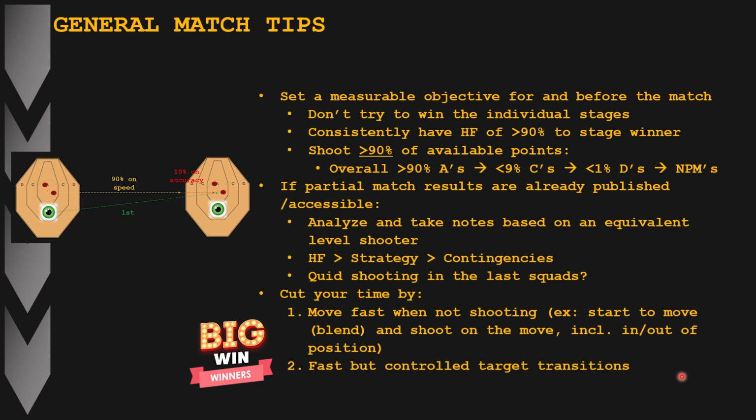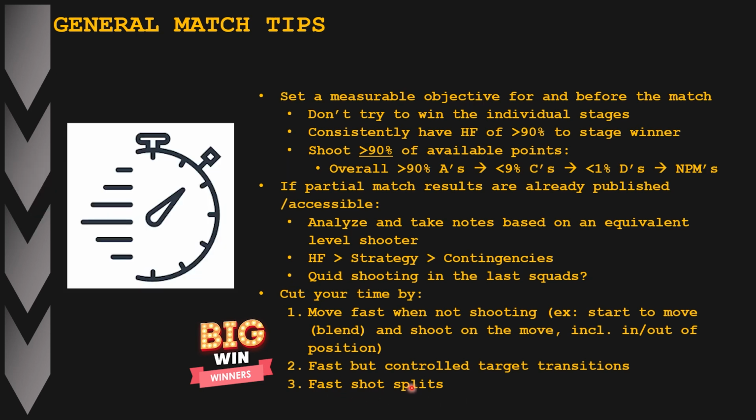Here it's important to transition fast but have controlled shots on the target, preferably alphas, because there's a minimum level that you need to attain if you're really serious about competing, and then make sure that you have fast splits in between your shots. But here too, a point of caution: don't do fast splits if you shoot Charlies and Deltas. Then it's better to tune it down just a little bit, but make sure that you have these alphas.